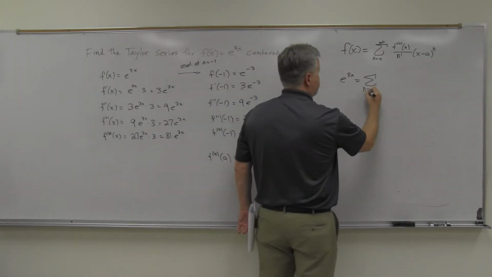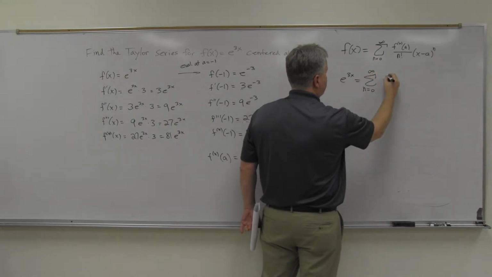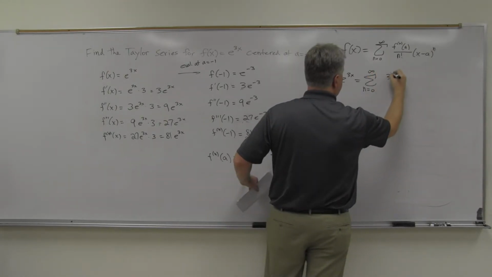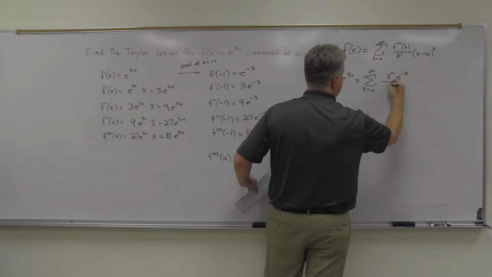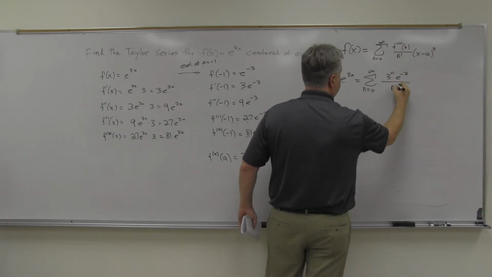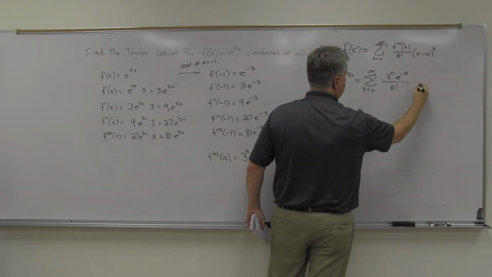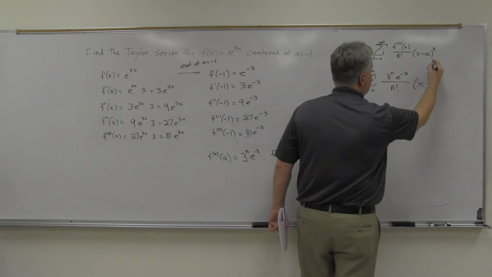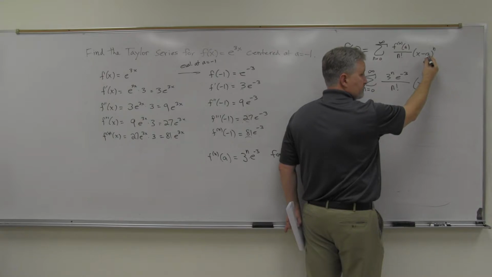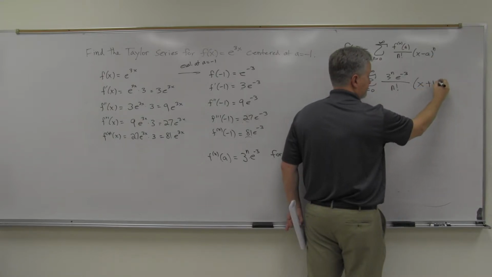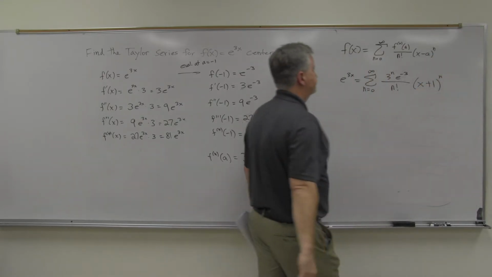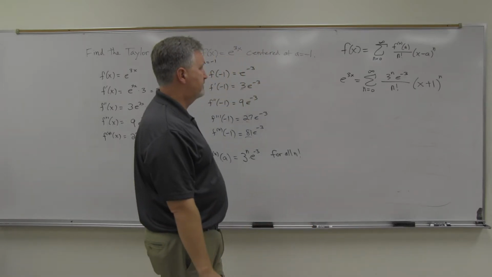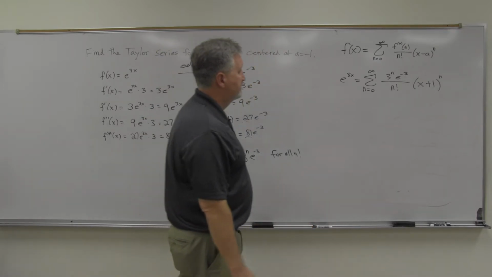We can just do n equals 0 to infinity. The nth derivative is 3 to the n, e to the -3, over n factorial. That's part of the formula. And then x minus a, where a is -1, so x minus -1 winds up being x plus 1. I don't think there's any simplifying to do there.